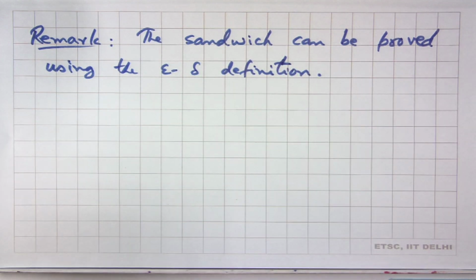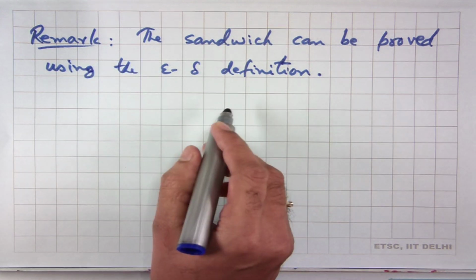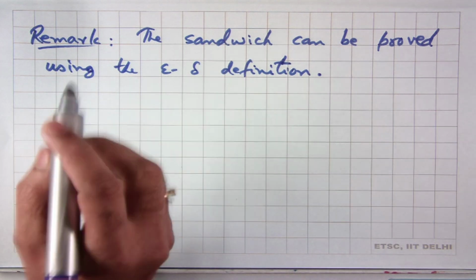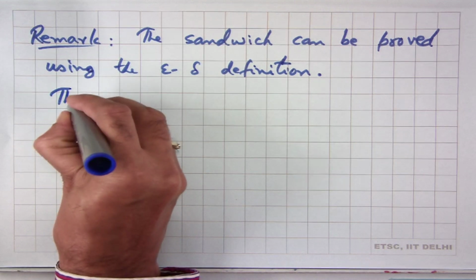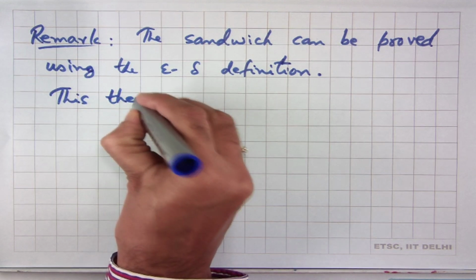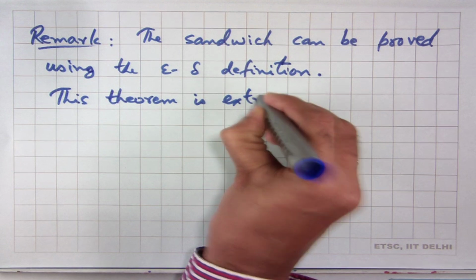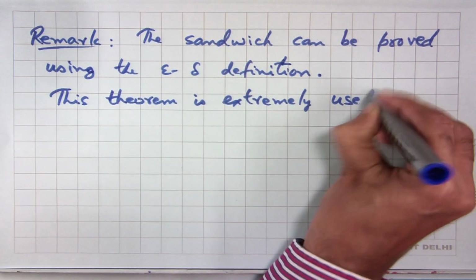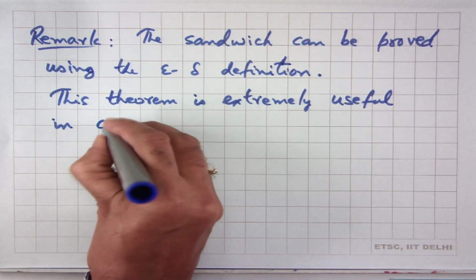So, I would suggest that the students can try to prove this using this definition, but we will skip the proof; rather we will say that this theorem is extremely important in computing limits.